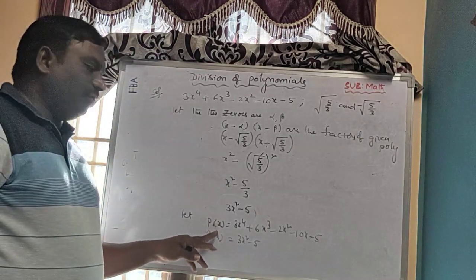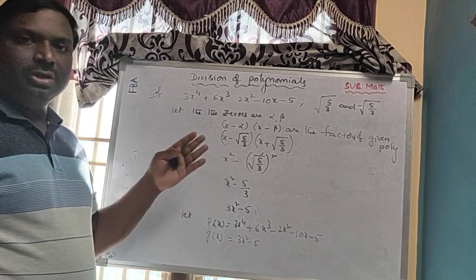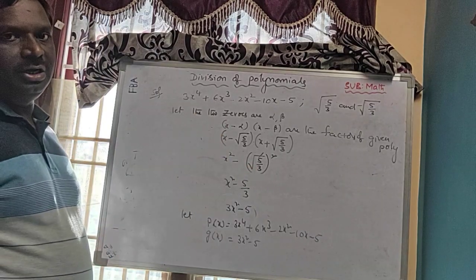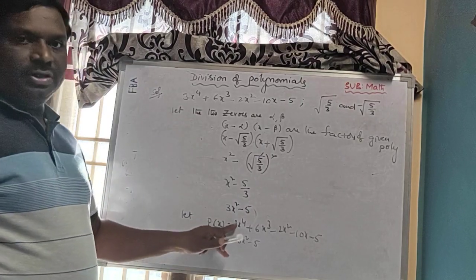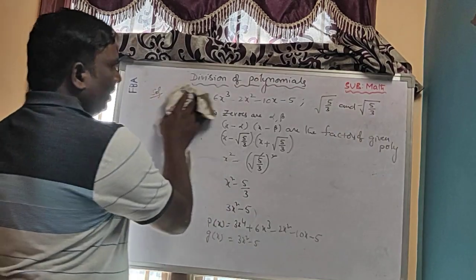Doing the division of p of x by g of x, we'll get the quotient, and from that quotient we'll get the remaining factors. Now I am erasing this, and I will write only these two here for the division.